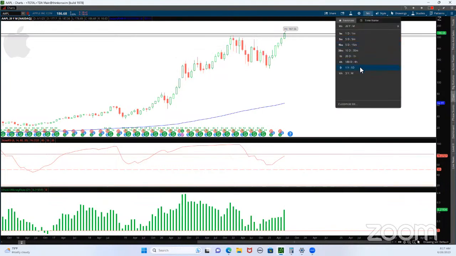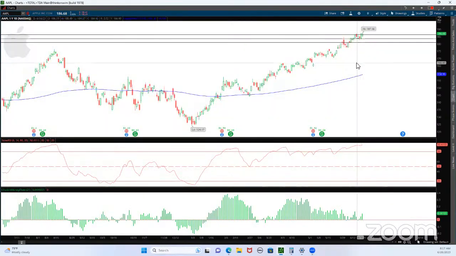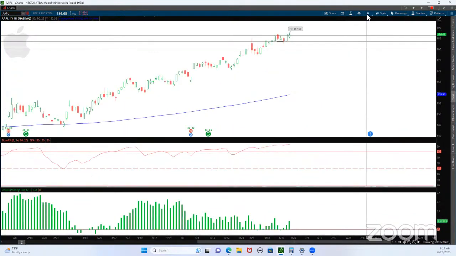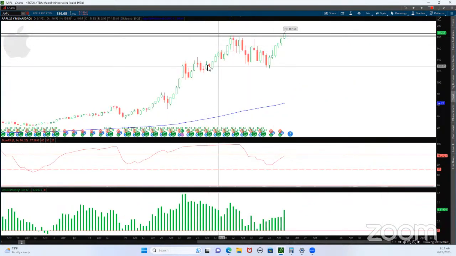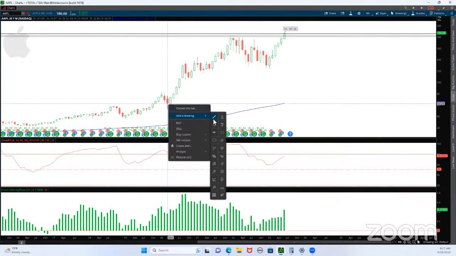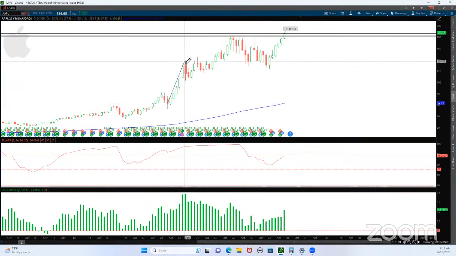Historically, when Apple had a previous breakout, how many months did they go for? Let me see. We just broke out with Apple. I'm talking about before, when they had the other breakouts, like that one right there. All right, let's take a look. So this is a flag. 1, 2, 3, 4, 5, 6, about 6 months.